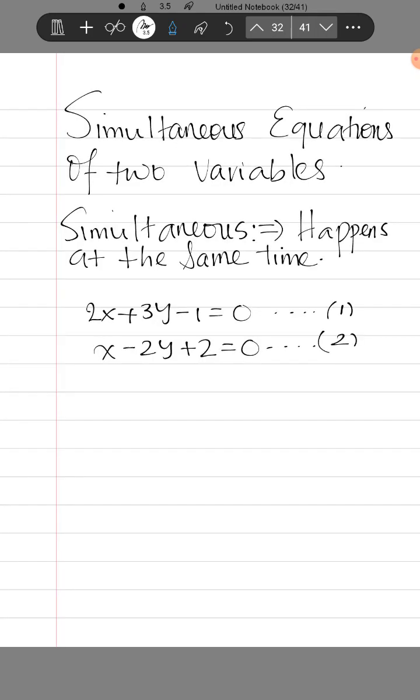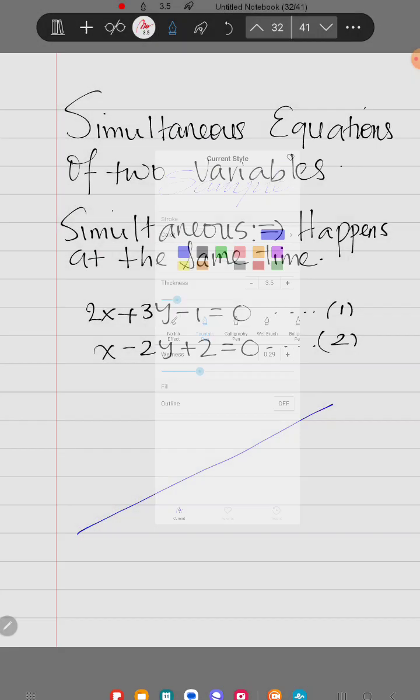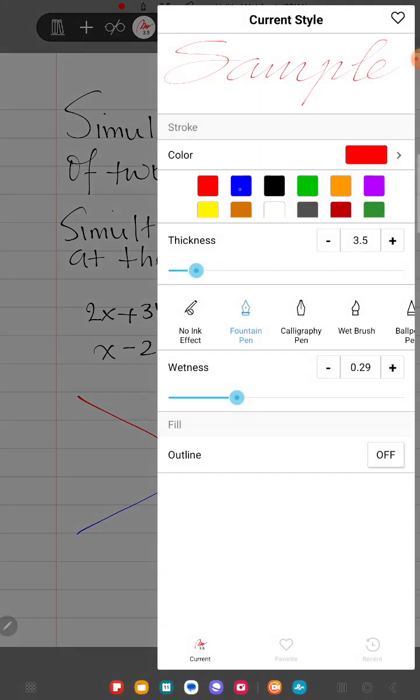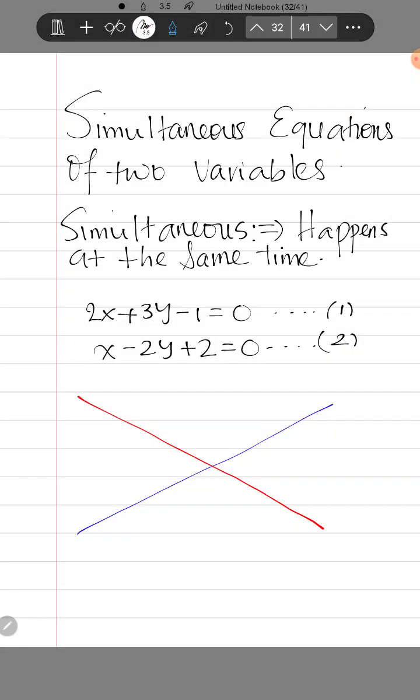The next thing is a simultaneous equation of two variables. Simultaneous means happening at the same time, right? What is happening at the same time? Say one graph is here and another graph is here. What is happening at the same time on these graphs? A point exists on both at the same time.